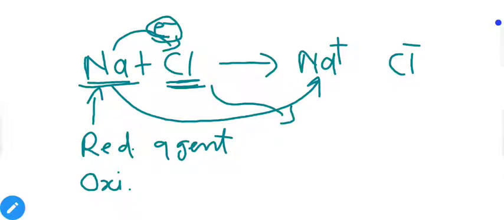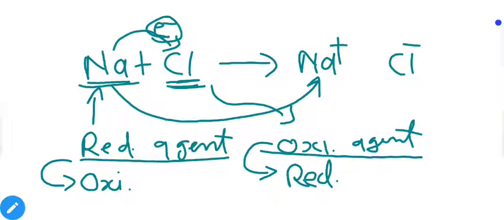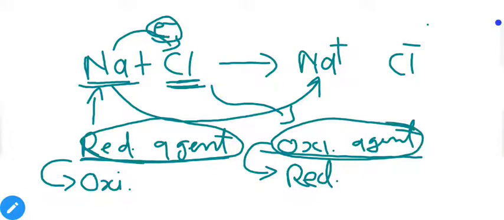That's why chlorine is called the oxidizing agent. The oxidizing agent itself will be reduced. So the reducing agent will be oxidized and the oxidizing agent will be reduced during the reaction, but these names are given based on their effect on other compounds.